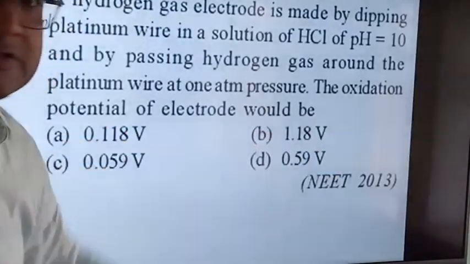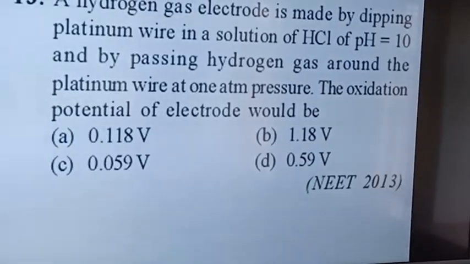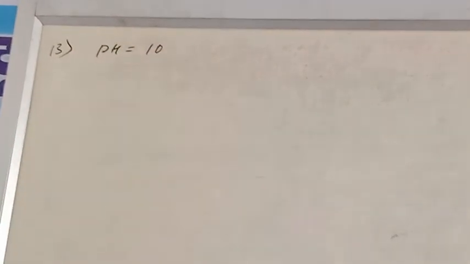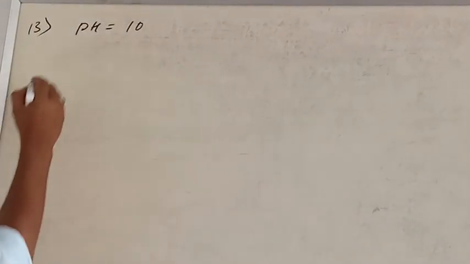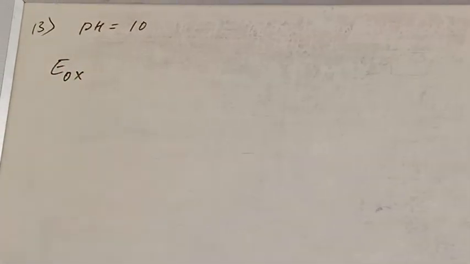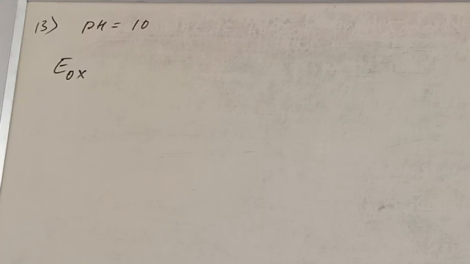Oxidation potential, we know that. Now let's solve the question. pH is given as 10, only that much is given. We need to calculate E oxidation, the oxidation potential, not the reduction potential.